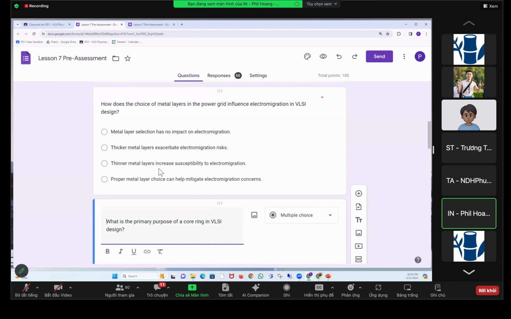What is the primary purpose of a core ring in VLSI design?